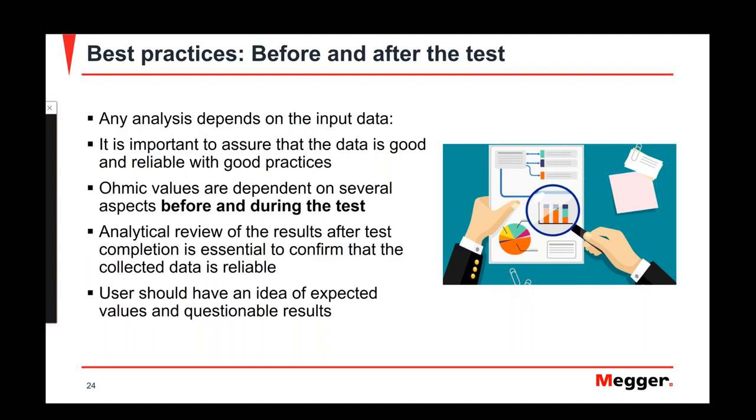We also have to pay attention to the techniques that we're using whenever we're taking these measurements so that we can achieve good results. You also need to have an idea of what you're looking for whenever you take these measurements. That way, if you have any questionable test results, you have the opportunity to take a look at that and investigate it before you leave the site or move on with other maintenance activities.